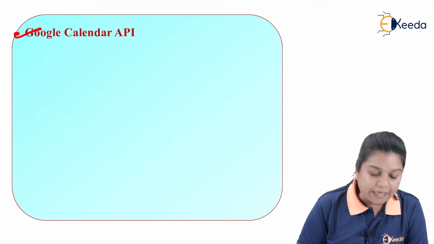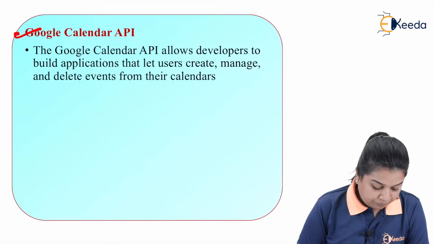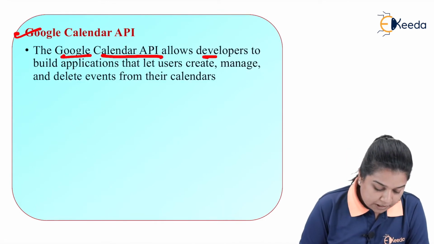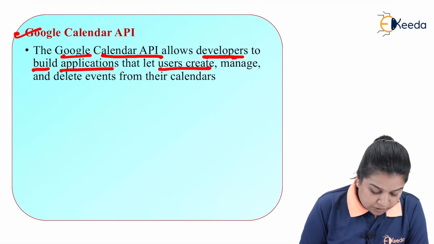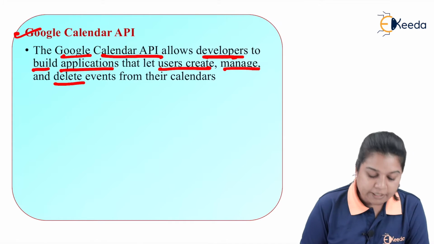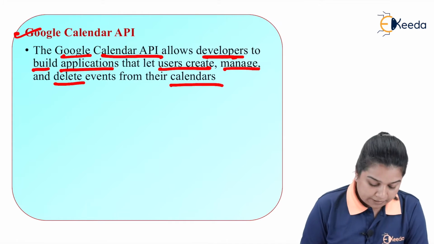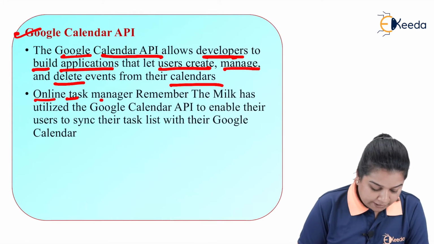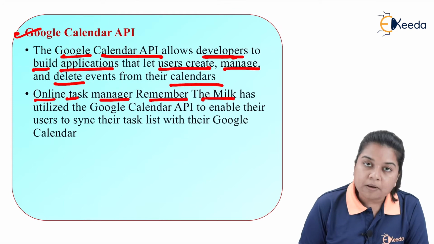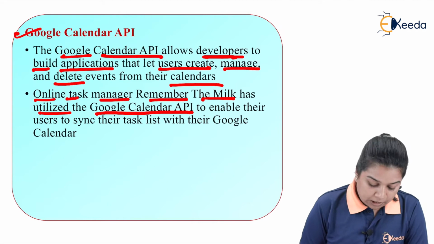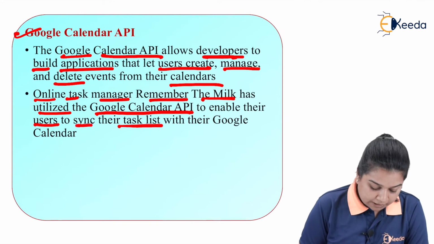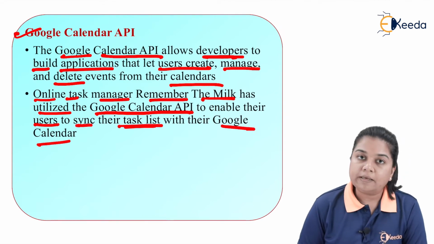Then comes Google Calendar API. The Google Calendar API allows developers to build applications that let users create, manage, and delete events from their calendars. Online task manager Remember the Milk has utilized the Google Calendar API to enable their users to sync their task list with their Google Calendar.